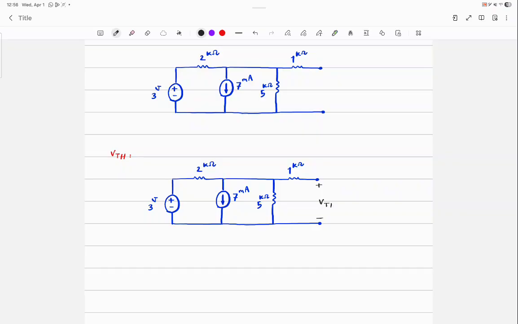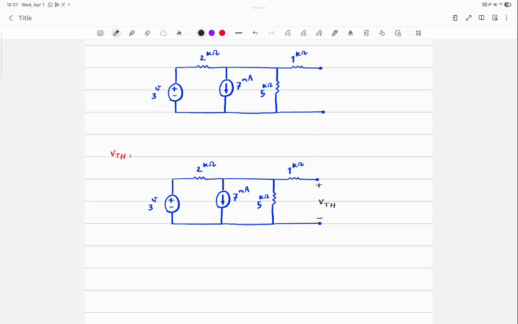And remember that it is open, okay? Open circuit. So what do you suggest? Mesh, nodal, what? Nodal? Let's do both, huh?